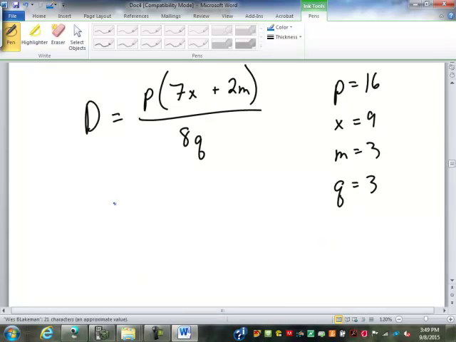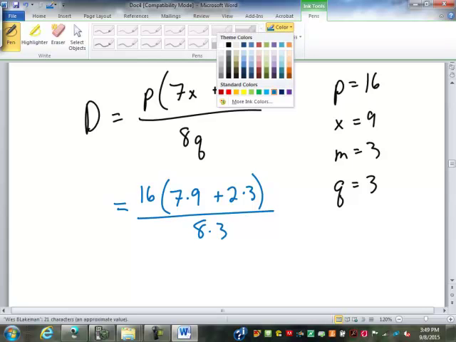Okay, so let's put our values in here. First, this is going to become 16 times 7x will become 7 times 9 plus 2 times 3 over 8 times 3. It will be 24, but we got to wait a little while to get there.